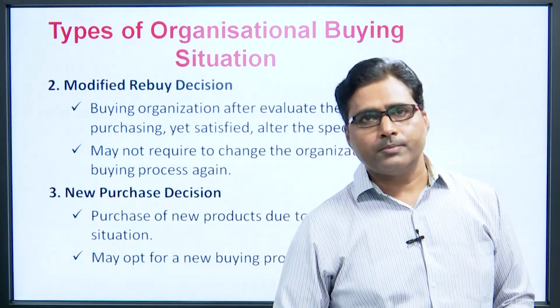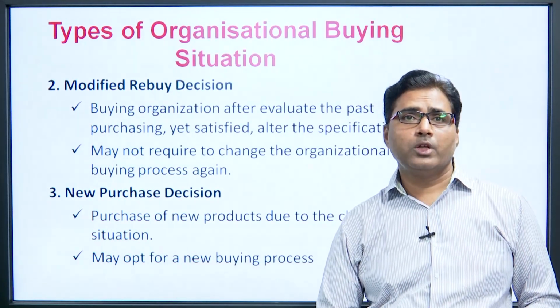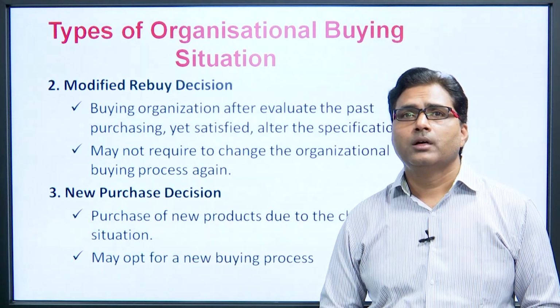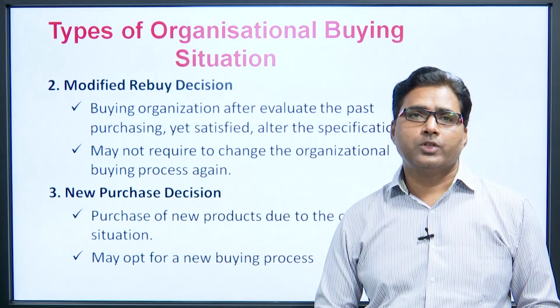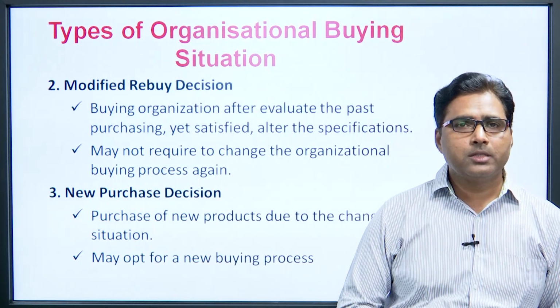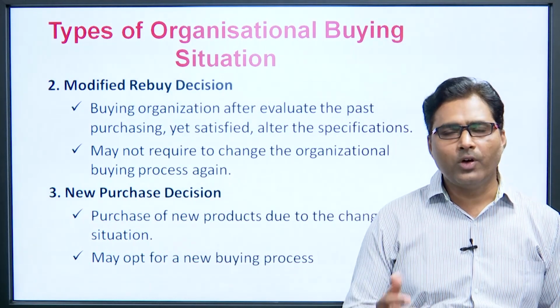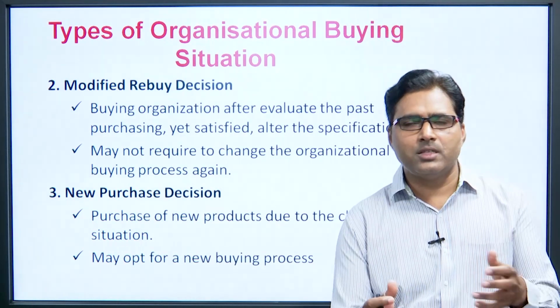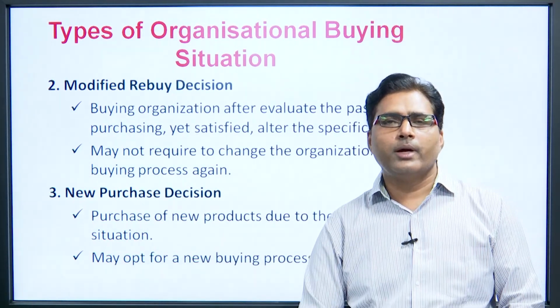In the same manner, if we talk about the modified rebuy decision, which is the second type of buying situation. In modified rebuy decisions, buying organizations generally evaluate the past performances as they do with straight rebuy decisions.